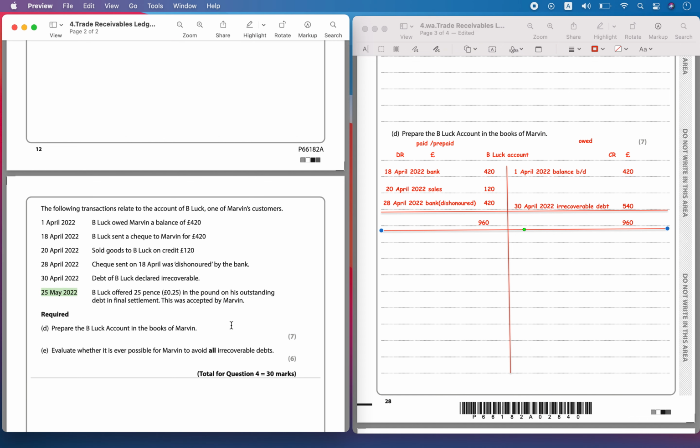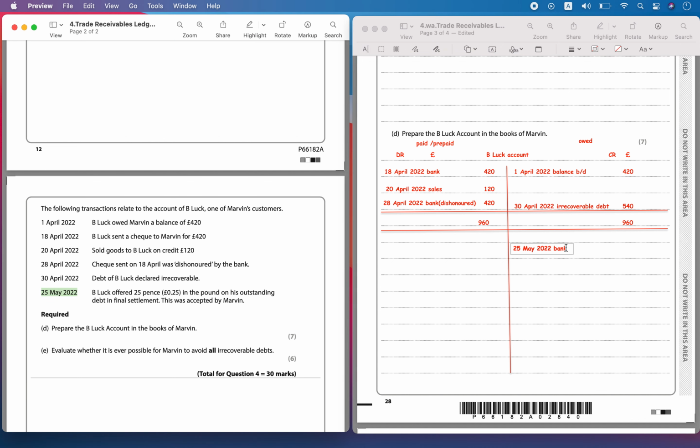Then on 25th May, later on, he offered 0.25 pounds. He gave that. So where will you write that? In the same account you will open and write.